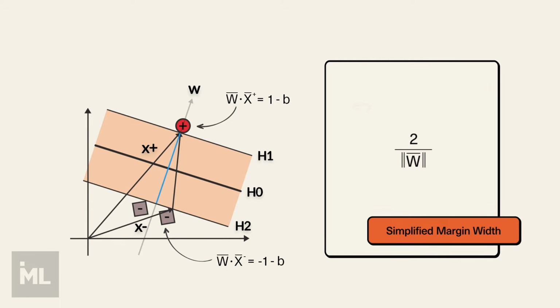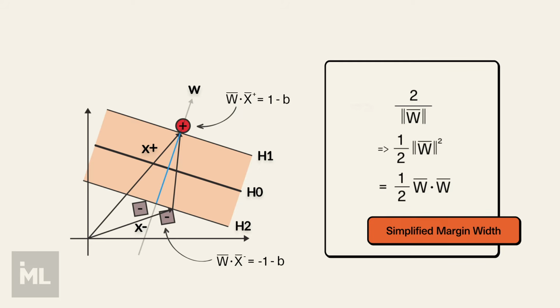In order to maximize this width, we thus need to minimize the magnitude of w. For mathematical convenience, it is equivalent to minimize 1/2 times the magnitude of w squared, which is also equivalent to 1/2 times w dotted w.